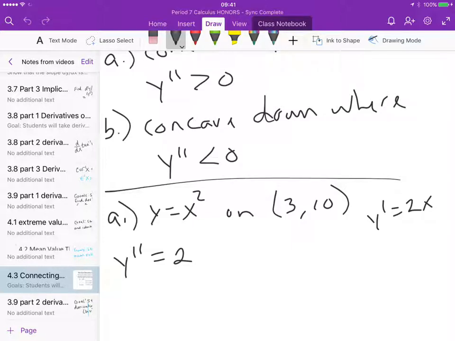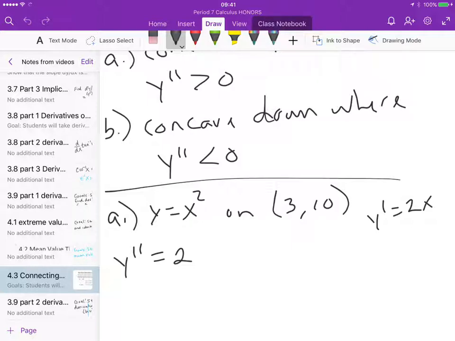If y double prime equals 2, it's always going to be positive, because 2 is a positive value. So the graph of y equals x squared on any interval between 3 and 10 is going to be concave up, because it is always positive, okay?